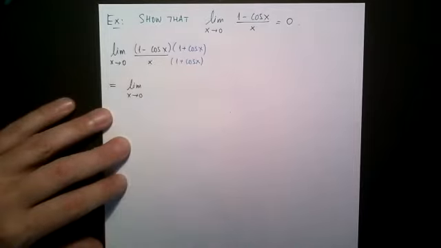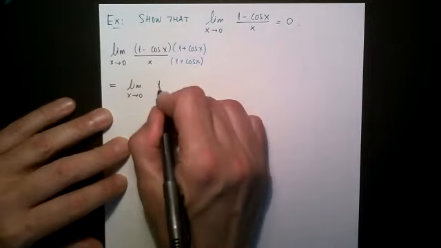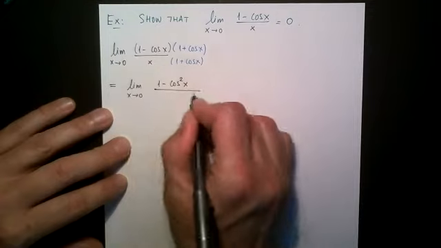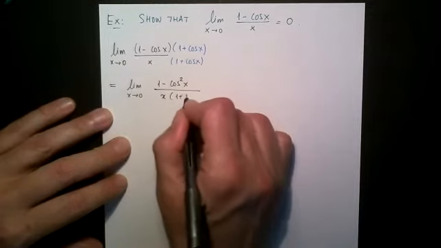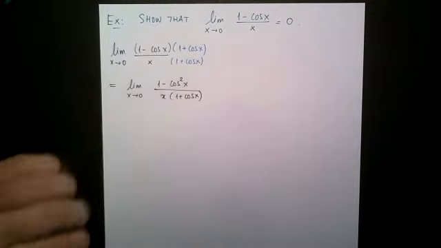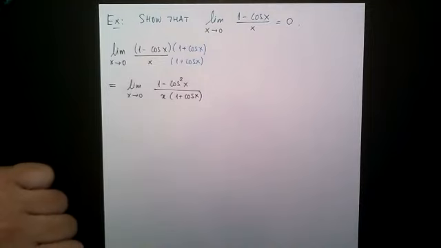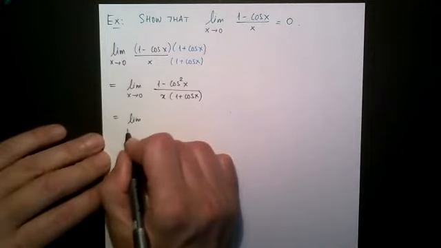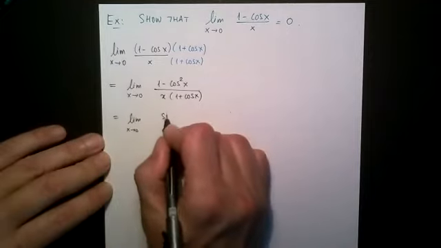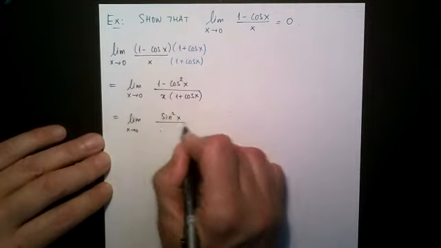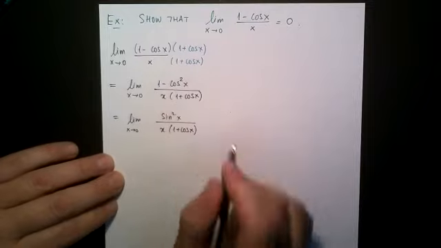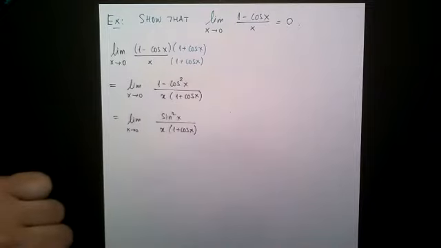So on top, what do we have? 1 minus cos squared x, and on the bottom I will have x times 1 plus cos x. Is that okay, everyone? Okay, and 1 minus cos squared x, we know now that it is sine squared of x, and on the bottom I will have x times 1 plus cos x. Questions?